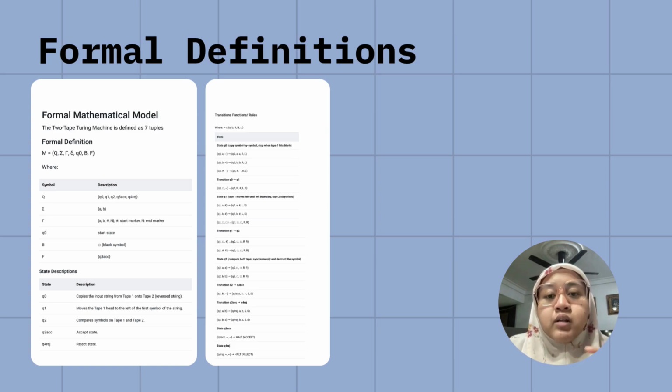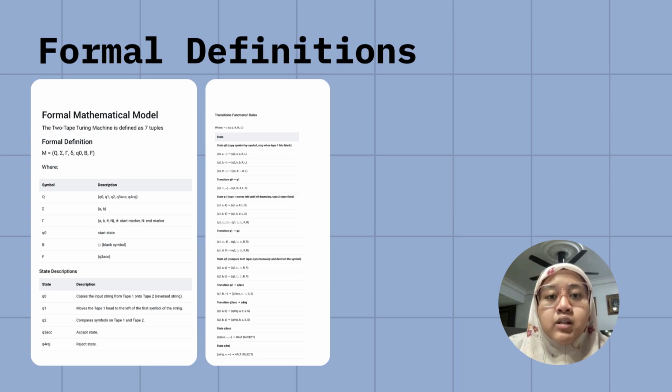The tape alphabet Γ contains A, B, hash, and N. Here, hash acts as a start marker, while N represents the end marker on tape 2. The blank symbol B is represented by the empty space symbol, and the final state set F only contains Q3, which is accepting.